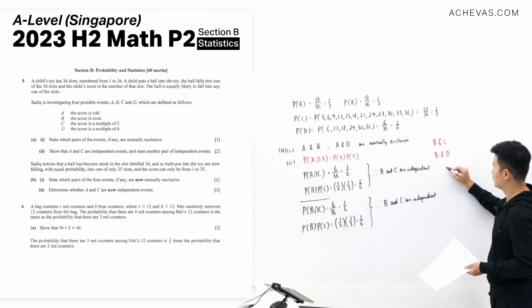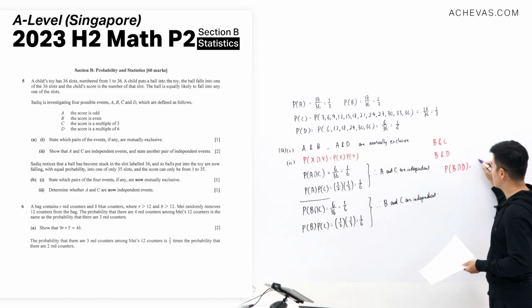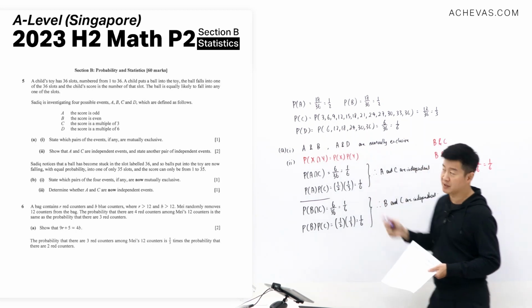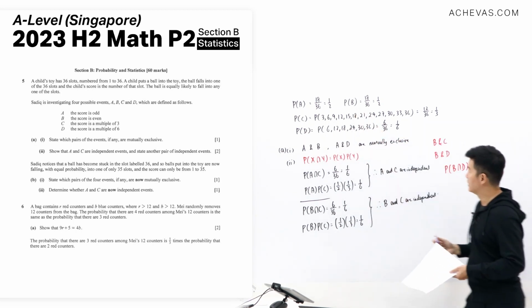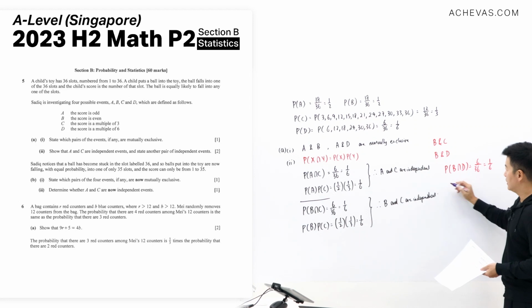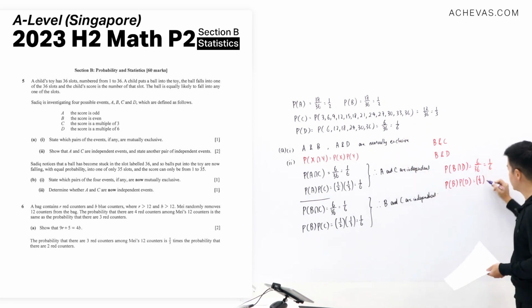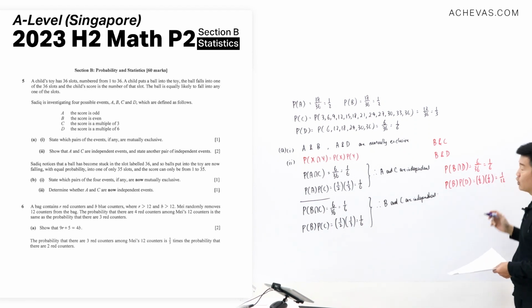So the probability of B and D is going to be 6 over 36, which is 1 over 6, because all these 6 numbers overlap with B. The probability of B multiplied by the probability of D is 1 over 2 times 1 over 6, which is 1 over 12, and they are not equal to each other. So we know that B and D are not independent.